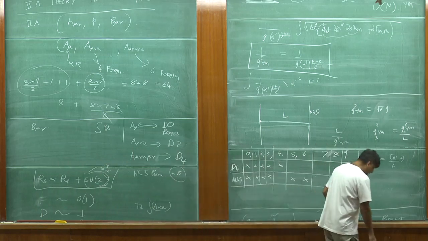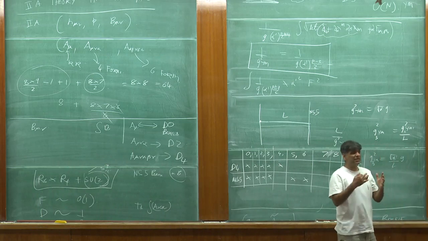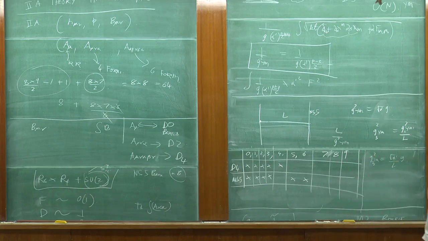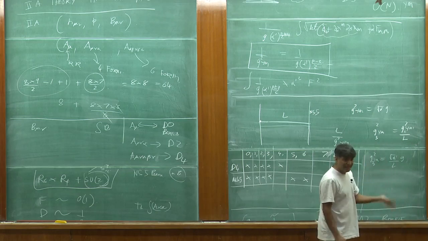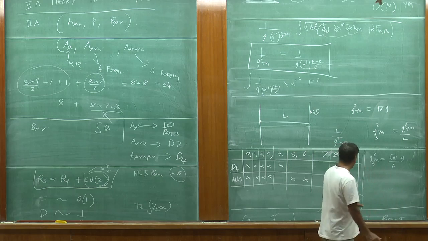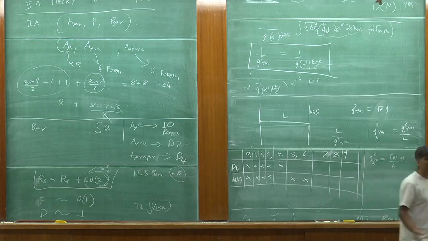So what we want to do is to take some low energy limit, so we get a field theory. But our low energy limit should be such that this g squared Yang-Mills 3 is not forced to either 0 or infinity.